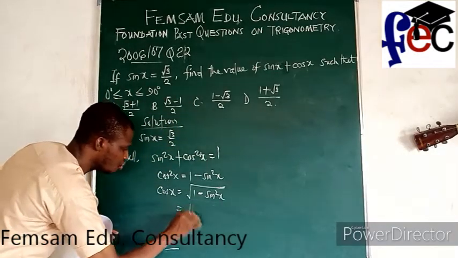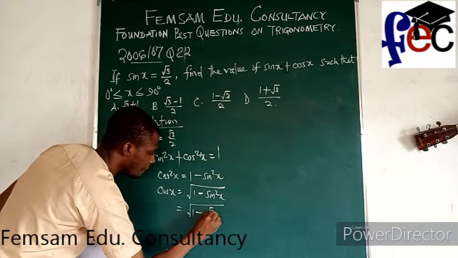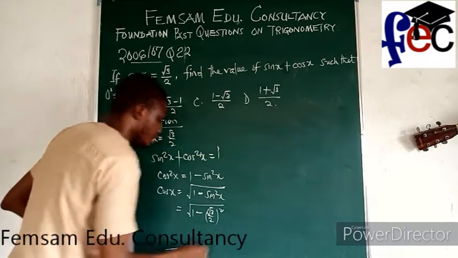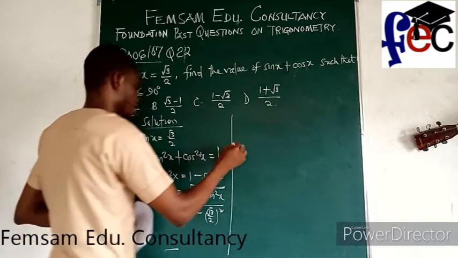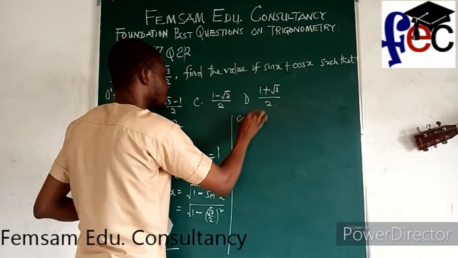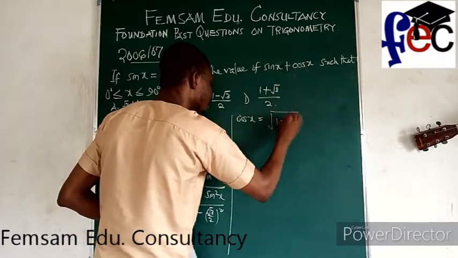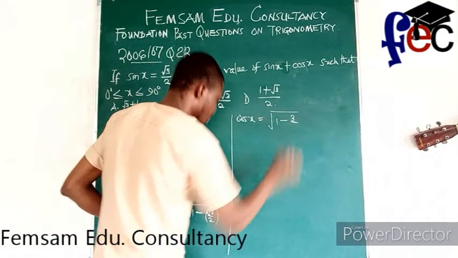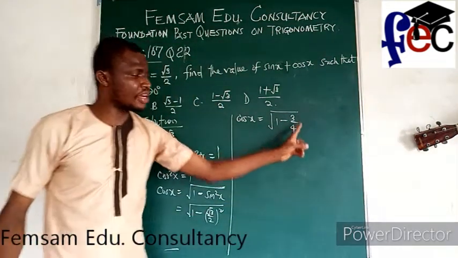This will give me square root of 1 minus root 3 divided by 2 all square. And this will eventually, that means my cos x will become square root of 1 minus, take the square of root 3, that will give me 3. Take the square of 2, that will give me 4. So I have a proper fraction.